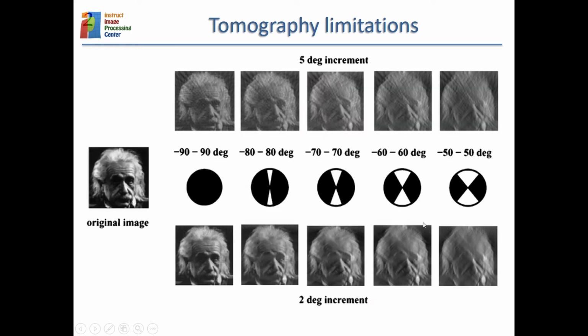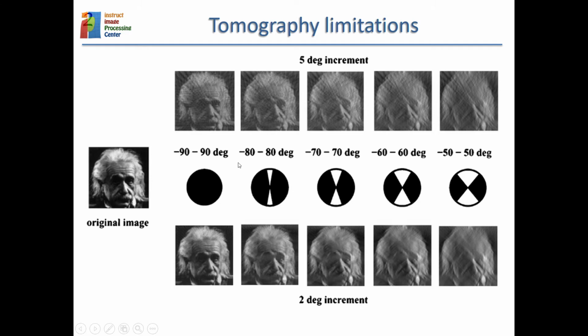And in electron tomography, it happens that you cannot tilt the object inside the microscope between -90 and 90 degrees. So you have to tilt a bit less. So let's go to typical tilts like -50 to 50, but let's go little by little.